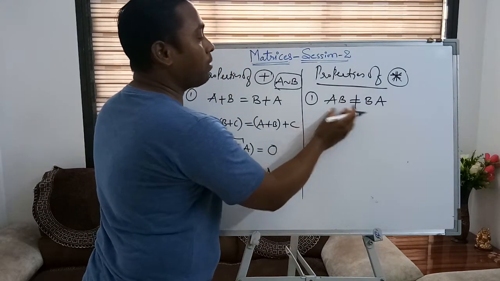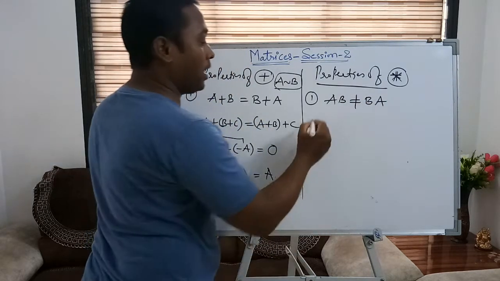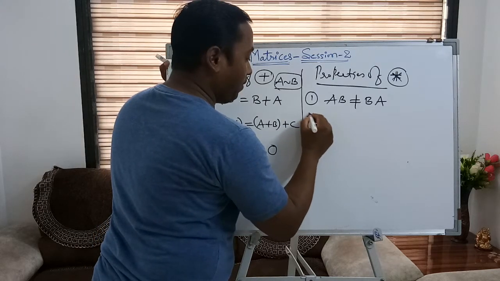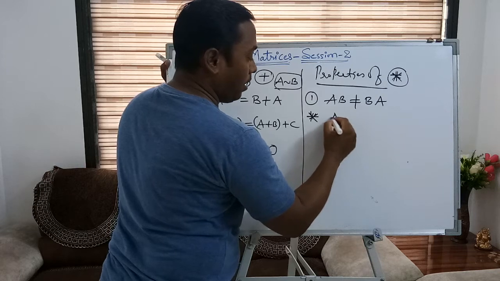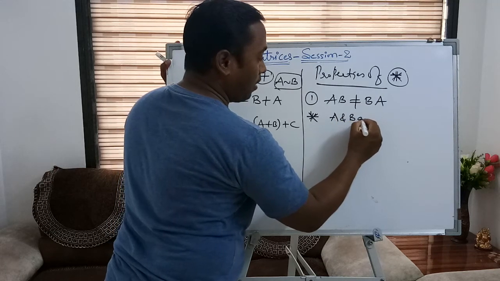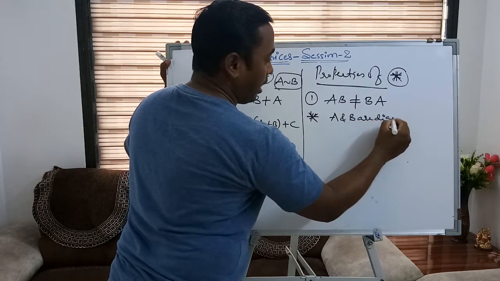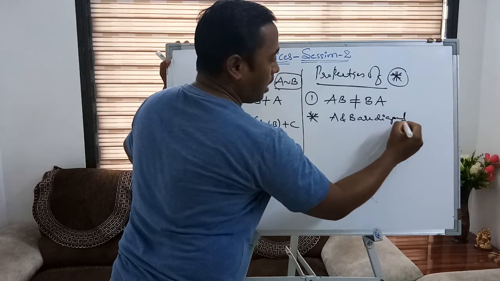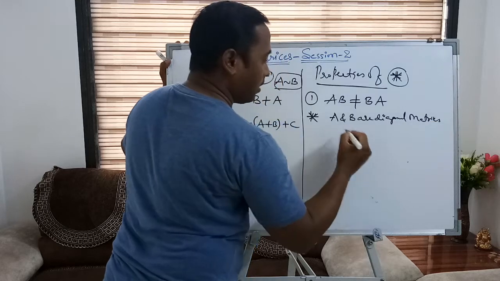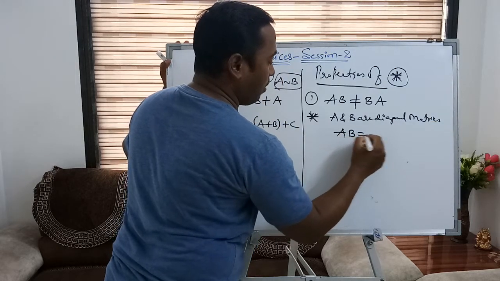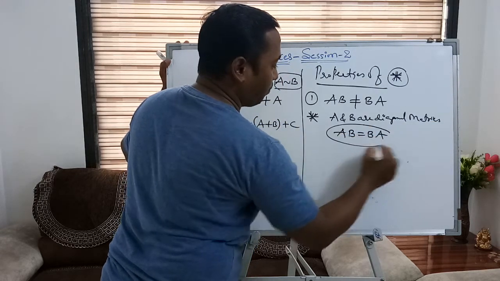Remember, product of AB is not always equal to BA. Here the specific condition, a specific case, if A and B are diagonal matrices, then only you can say AB must be equal to BA.